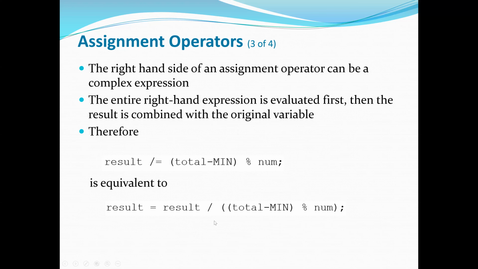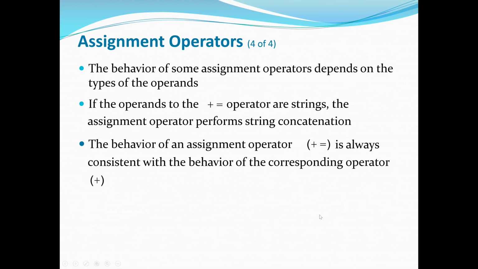Then the entire right-hand expression is evaluated first. Then the result is combined with the original value. So result equal to result divided by total minus mean modulus num is the same as saying, since we have the same variable, we are assigning the result to the same variable. We can also write result divided equal total minus mean modulus num, which means result equal to result divided by total minus mean modulus num.